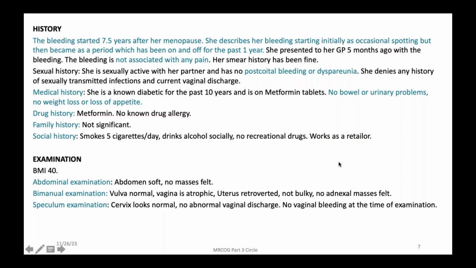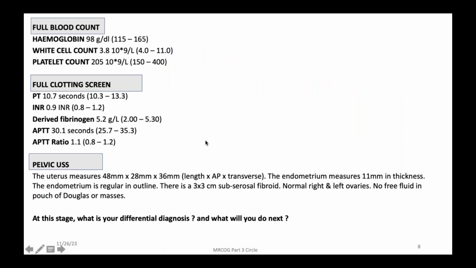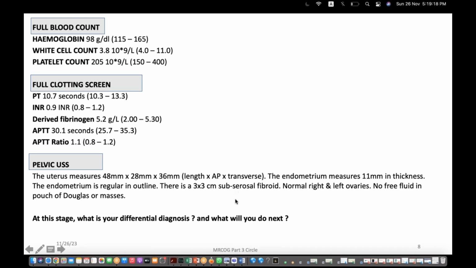Now, Chaitra, I want you to remember this point about fast tracking when I give you the findings and ask you the next question. So that's her full blood count, clotting screen, and her scan. The scan shows the uterus normal in measurement, endometrium measures 11 millimeters, regular in outline, a 3 by 3 centimeter subserosal fibroid, normal right and left ovaries, no free fluid in the pouch of Douglas or masses.